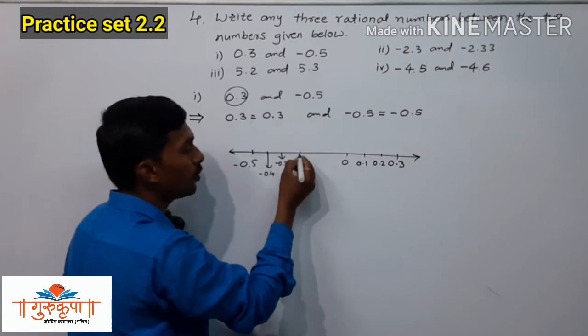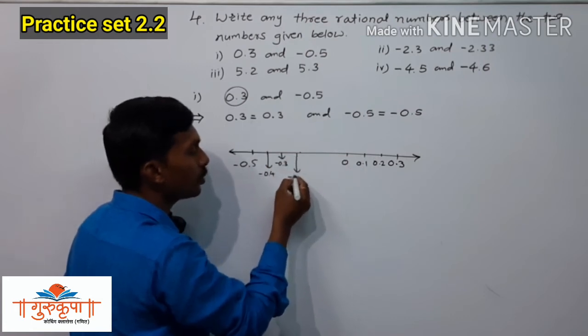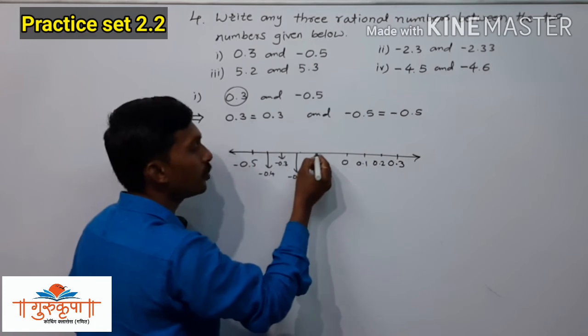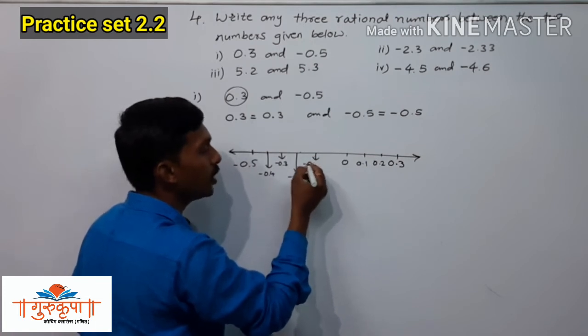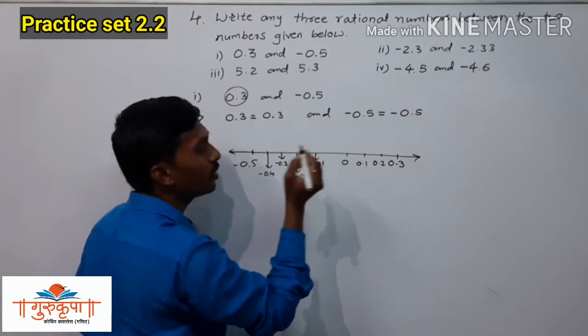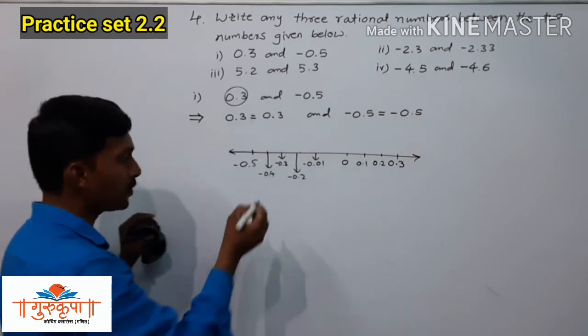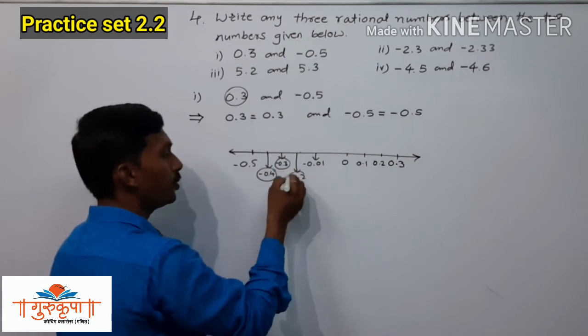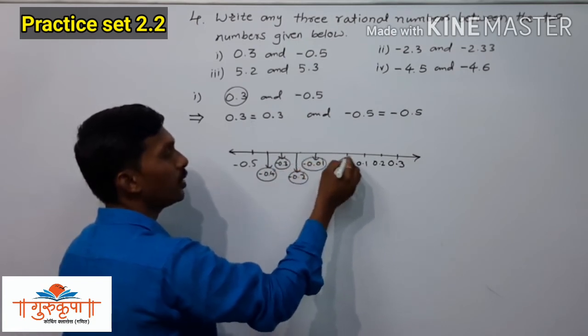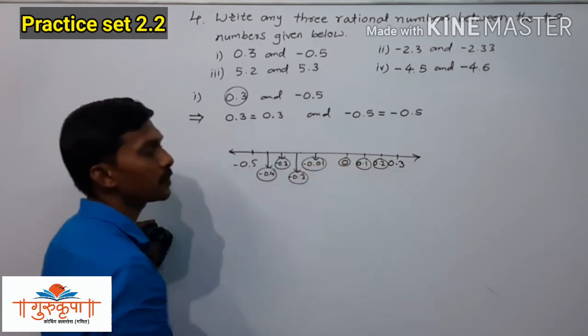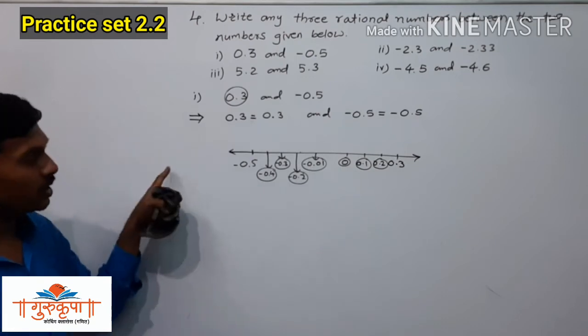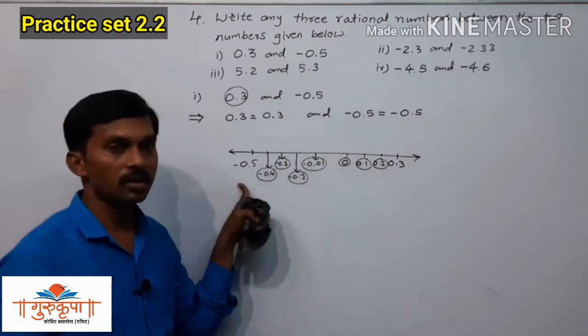Before minus 0.3, it should be minus 0.2. Before minus 0.2, it should be minus 0.1, and then we have 0. So here we easily get how many numbers? 1, 2, 3, 4, 5, 6, 7. We get 7 numbers between these two.